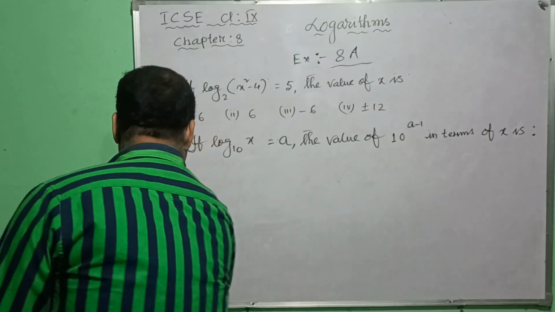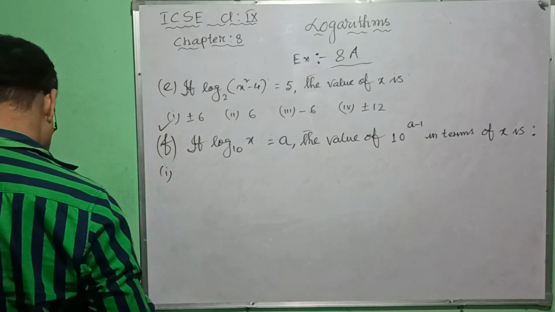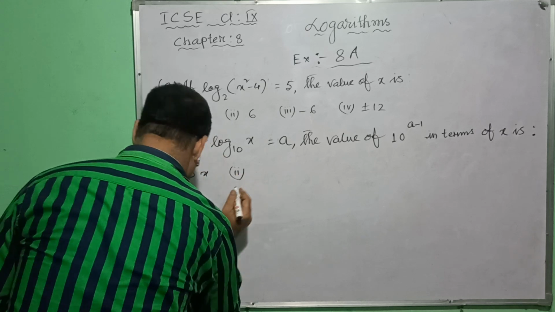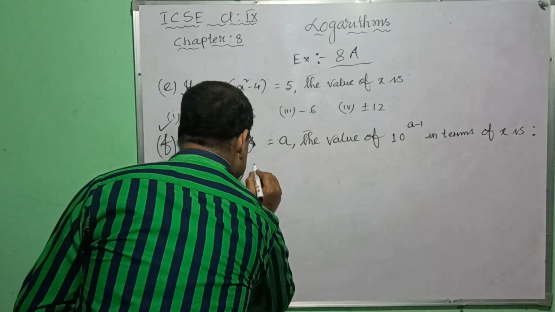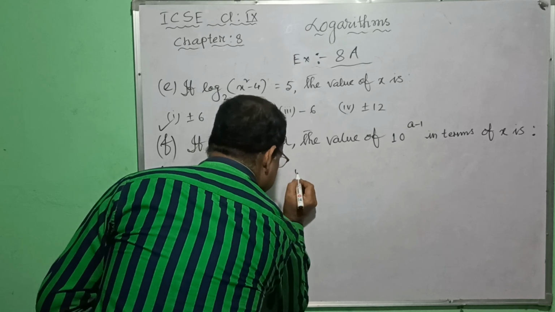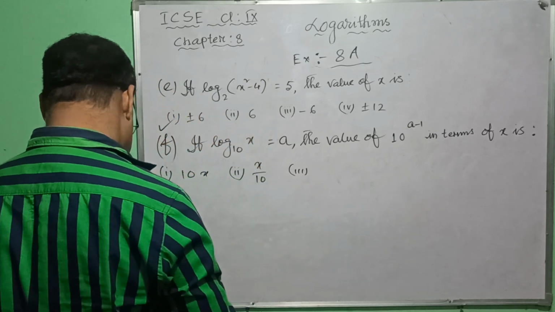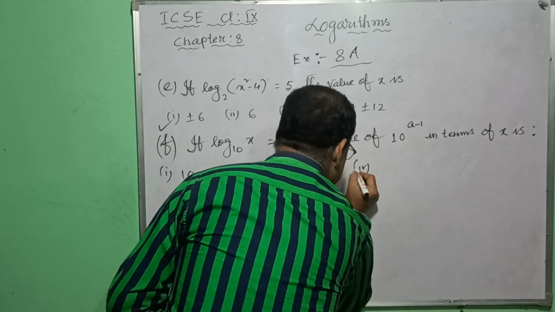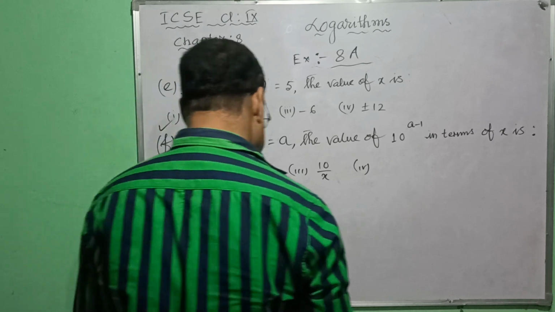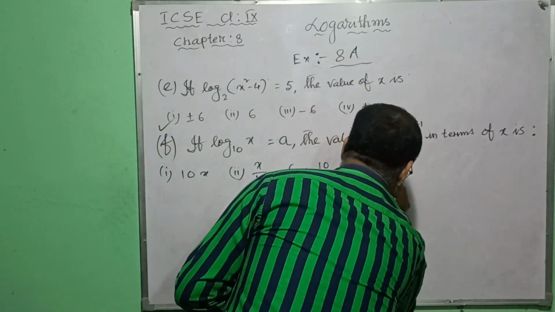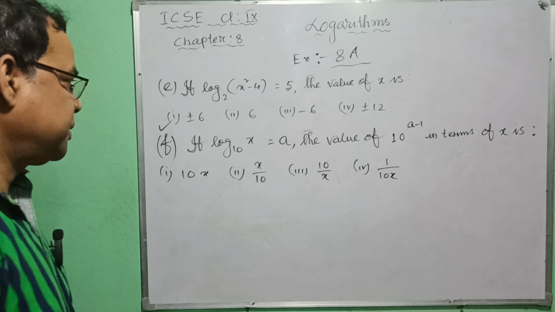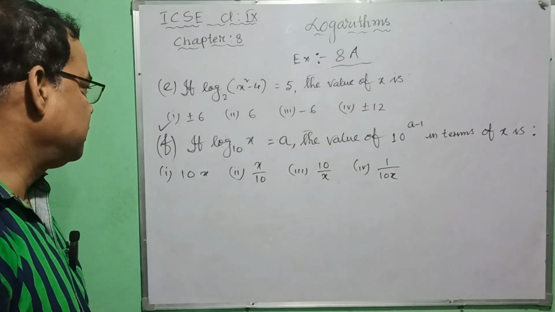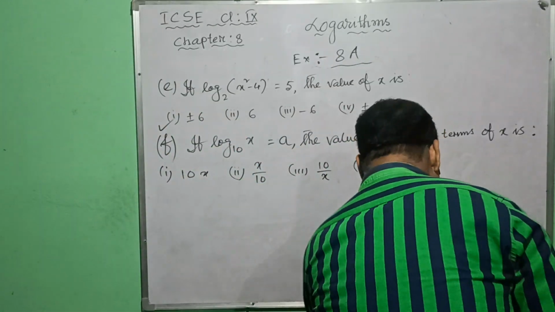The options are given. Number 1, 10x. Option 2, x by 10. Option 3, 10 by x. And option 4 is given 1 by 10x. So these are the 4 options given, and the condition is given log x base 10 equal to a.